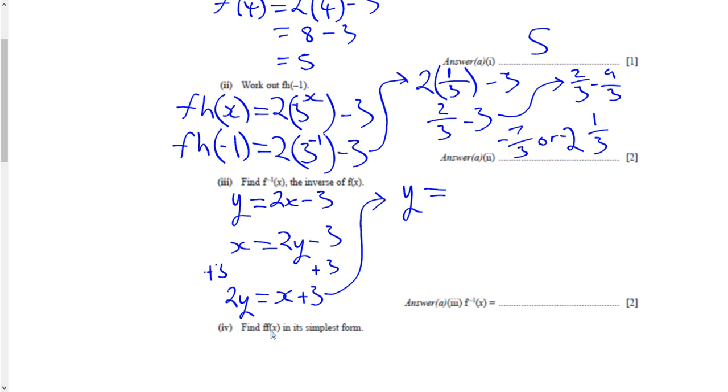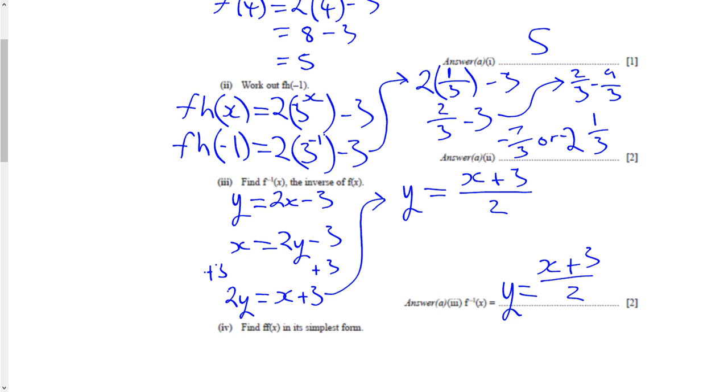What I do on one side I must do on the other. y will be equal to x plus 3 over 2. Okay, so y is equal to x plus 3 over 2.